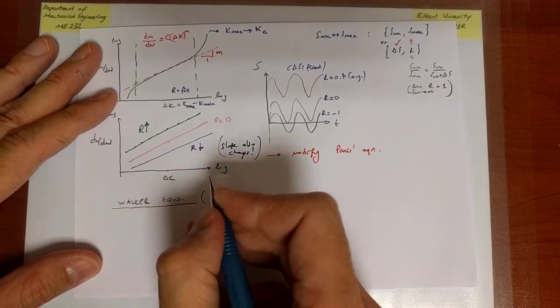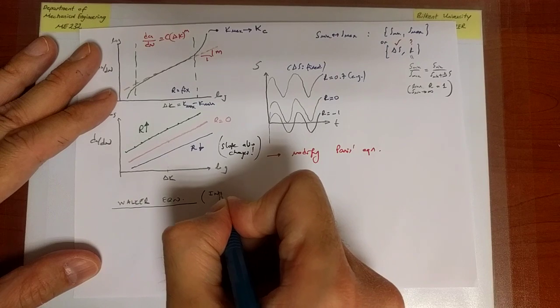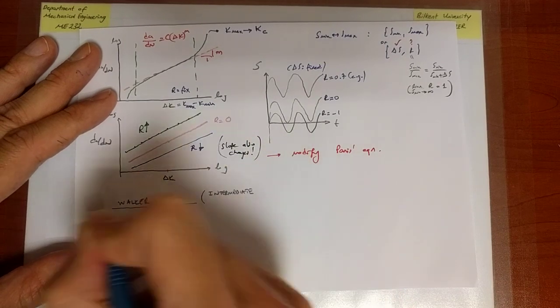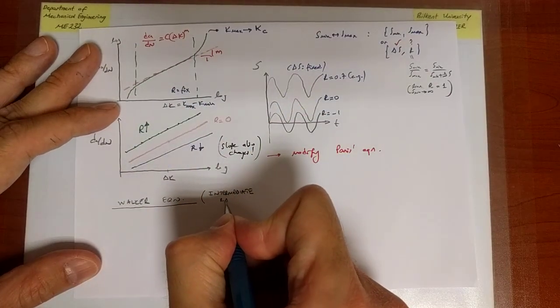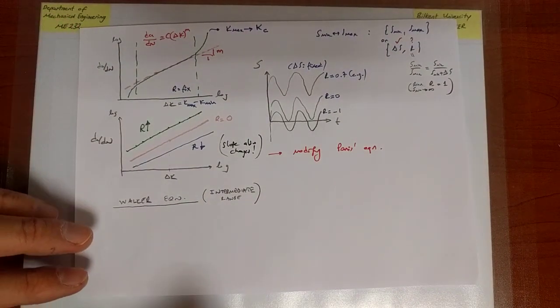The first one is called the Walker equation, and it is valid just like the Paris equation in the intermediate region. I'm just writing intermediate starting from the low region if you like, but in any case up to the high range. Okay, so it's valid certainly very well in the intermediate region.